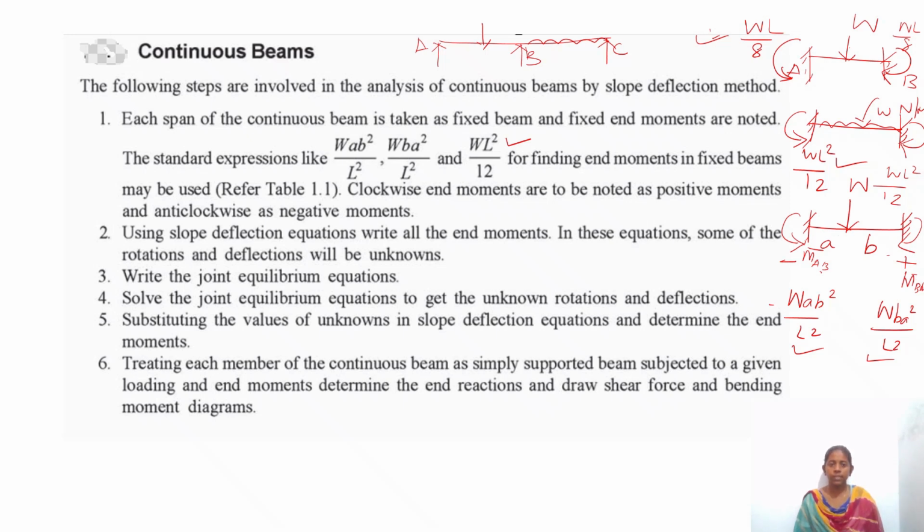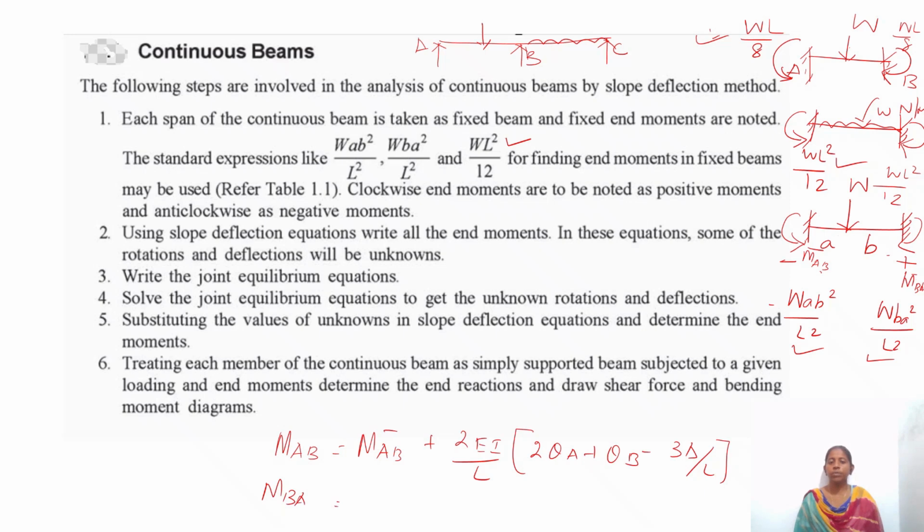Next, use the slope deflection equation, which I have already written. That is, if you form the MAB equation, it is MAB bar plus 2EI by L into 2 theta A plus theta B minus 3 del by L. Similarly, you can write for MBA.